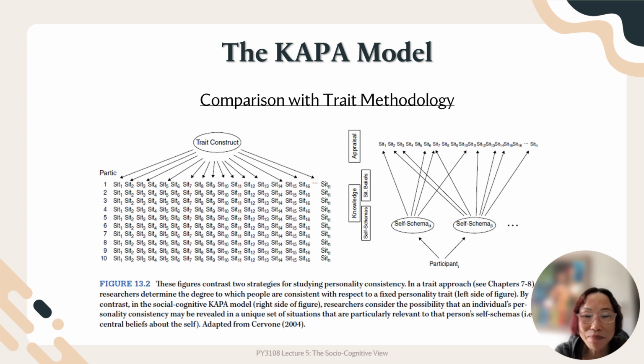And this is the comparison between trait methodology and Kappa methodology. On the left-hand side, there's the trait construct. For example, there's neuroticism, and then under neuroticism we can see a pattern across situations 1, 2, 3, different situations and different combinations for the trait constructs. And for the Kappa model, it starts from the person, with self-schema A, self-schema B, self-schema C working together in different situations.